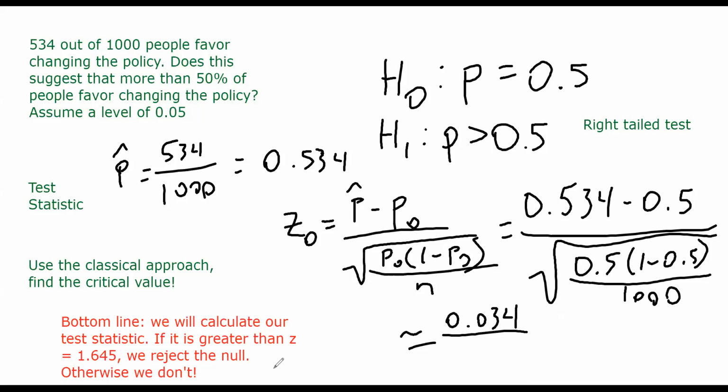On bottom, you'll get about 0.0158. Which will give you 2.152.